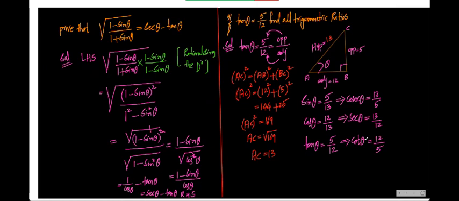This is the way to find out the trigonometric ratios. If you know one angle, we can easily find out the remaining ratios. This type of question you will definitely get in the exam.